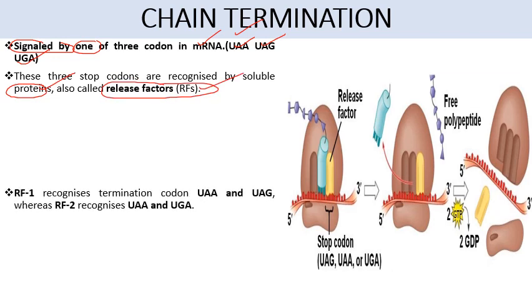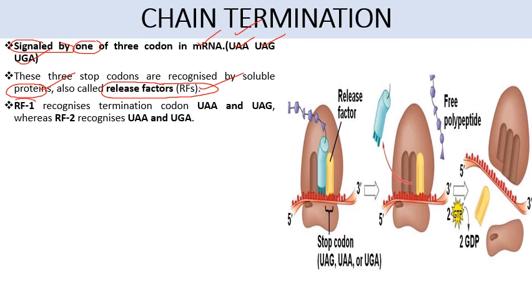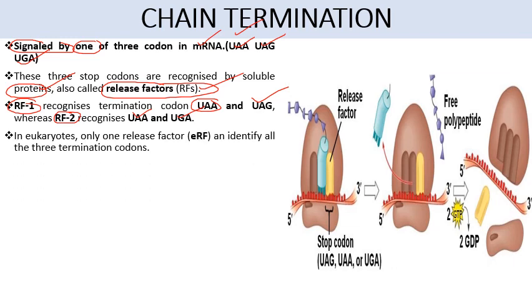RF1 recognizes the termination codons UAA and UAG. Then we have release factor RF2, which recognizes UAA and UGA. In prokaryotes, these two release factors help in termination by identifying termination codons on the mRNA.